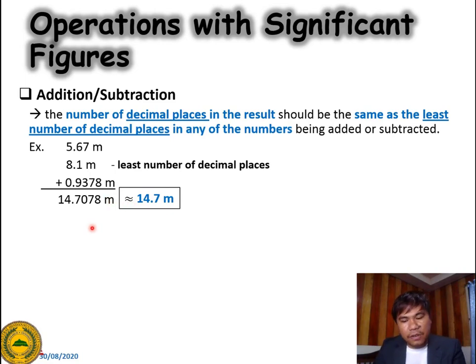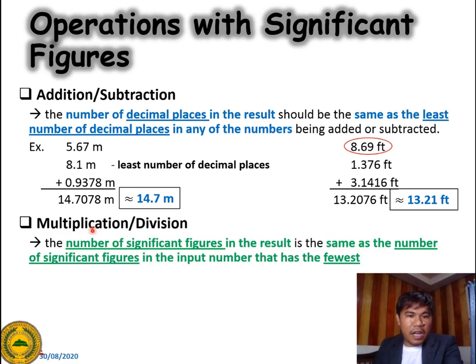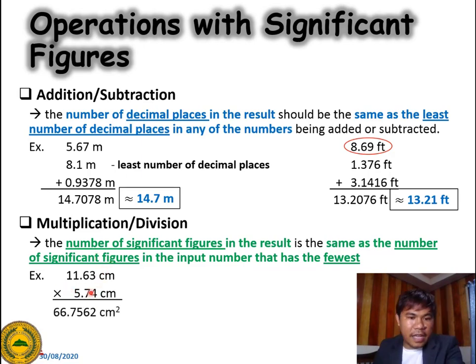Now, for the case of multiplication and division, all you need to remember is you just have to follow the entry which has the least number of significant figures. In this case, this part here has the least number of significant figures. So this is 3. This part you have 4.